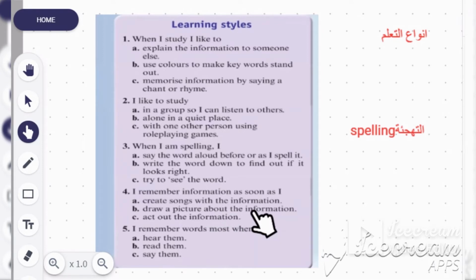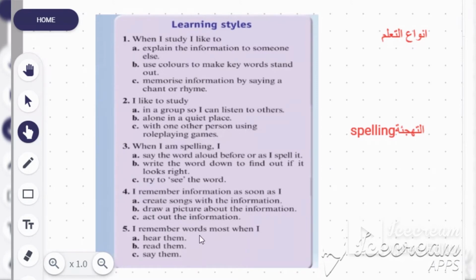Some people remember by drawing, or act it out. Act, يمثلها, to do something to make you remember the word. So act it out, or try to draw or create songs.